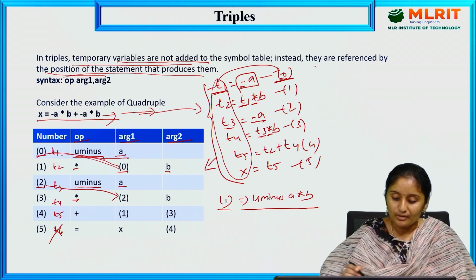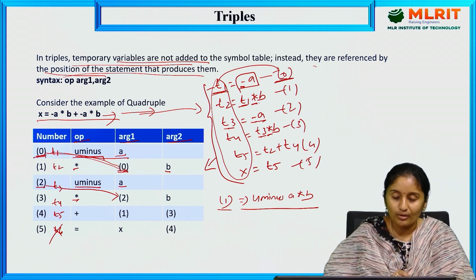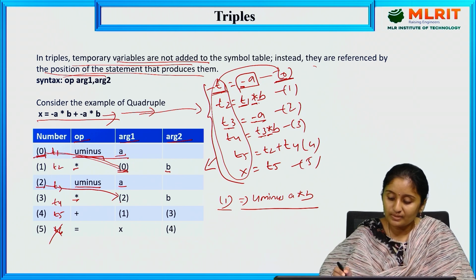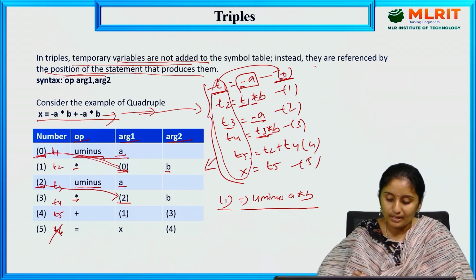T1 is nothing but index 0, T1 into B. T3 is nothing but the second index. It's complete.